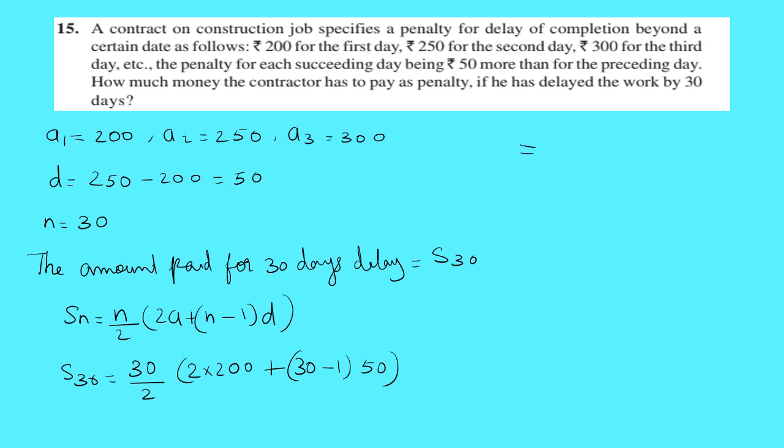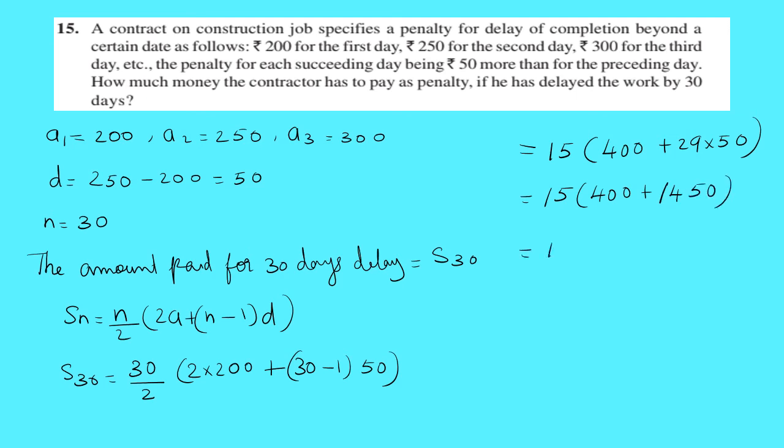Again, that is equal to 15 multiplied by 400 plus 29 multiplied by 50, that is 1450.